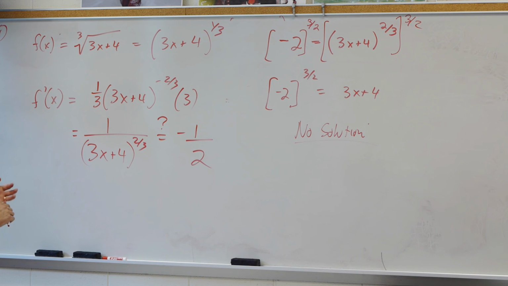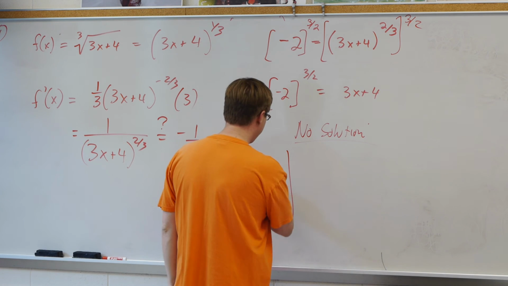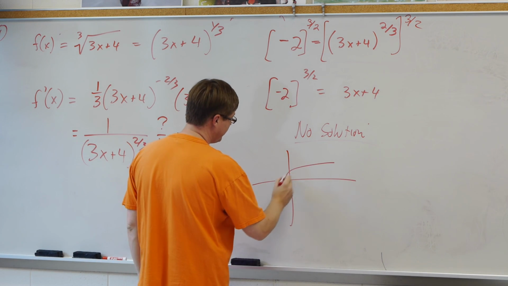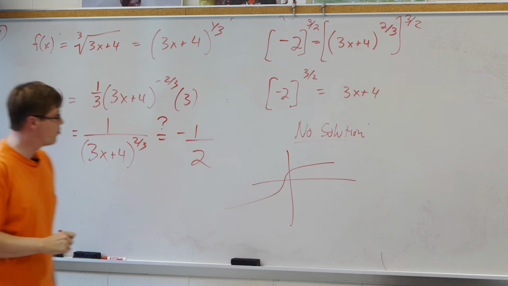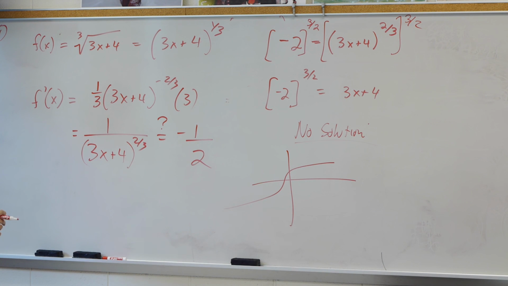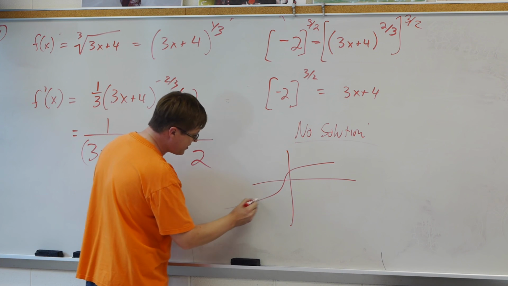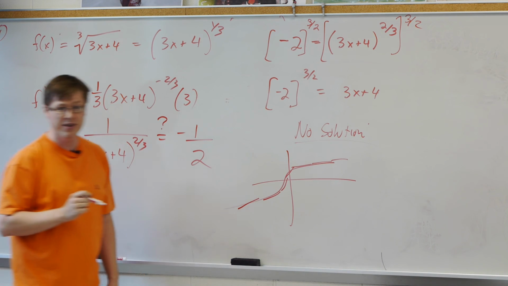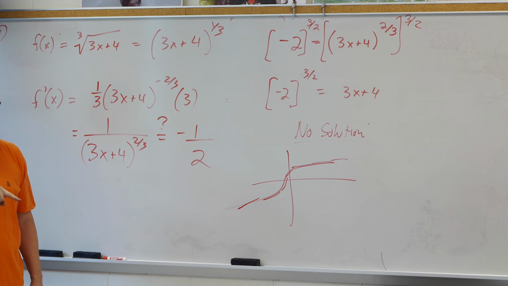So no solution means there's no place where this has a slope of negative 1/2. If you think about the graph, it's some kind of cube root graph. The slope is always positive because cube root is always increasing.